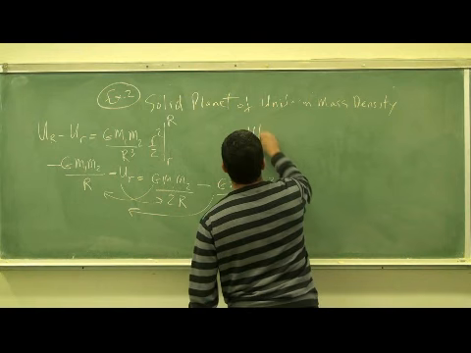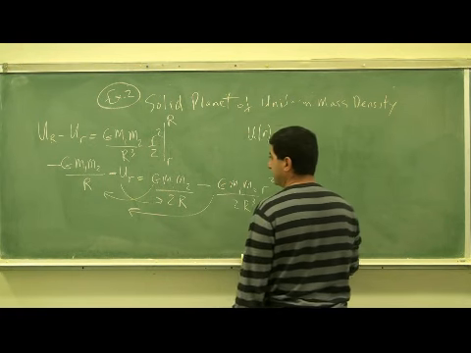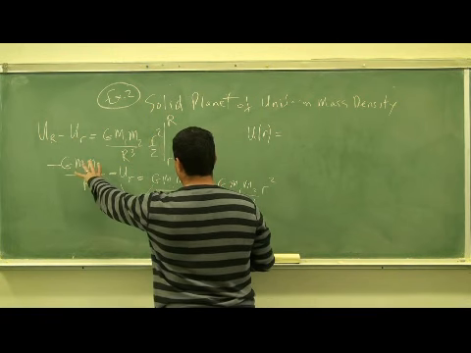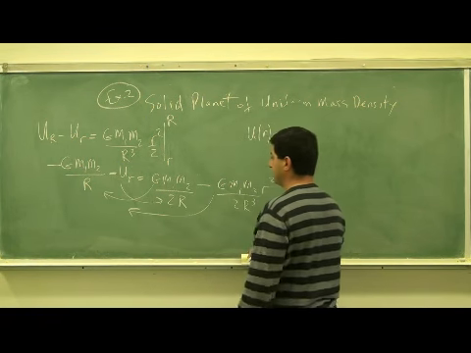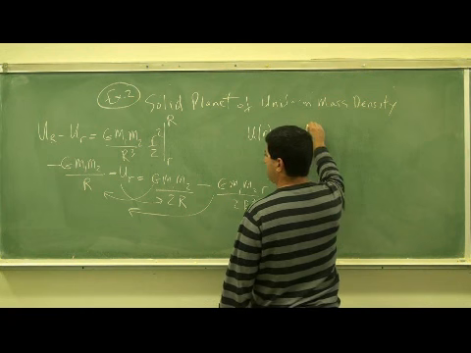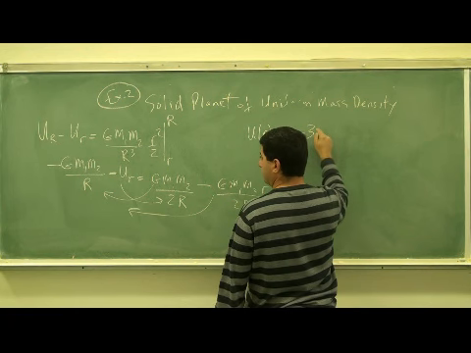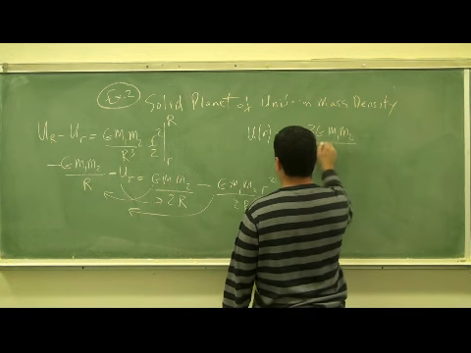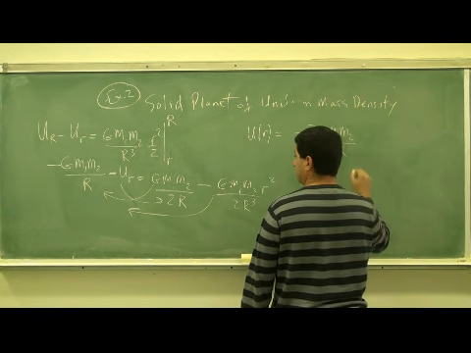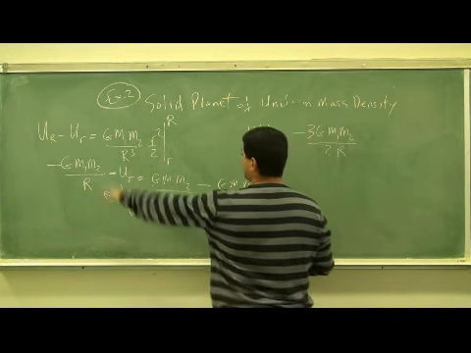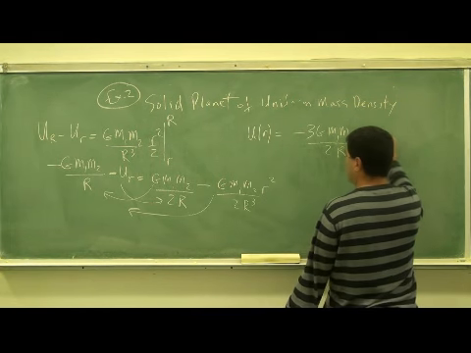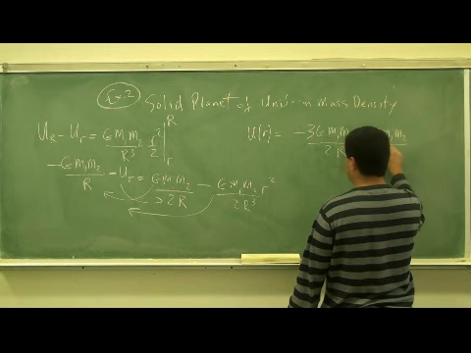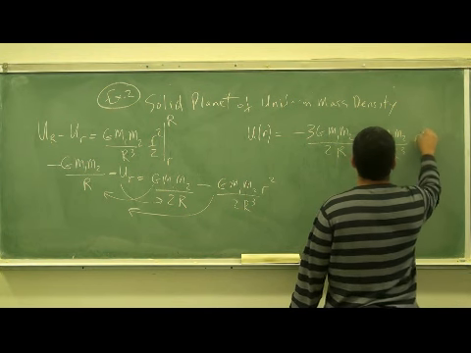Potential energy as a function of r in that planet is equal to, this one goes to the left and becomes negative, so it becomes negative 3 G m1 m2 over 2R, and then this one goes to the right side and becomes plus G m1 m2 over 2R cubed, r squared.